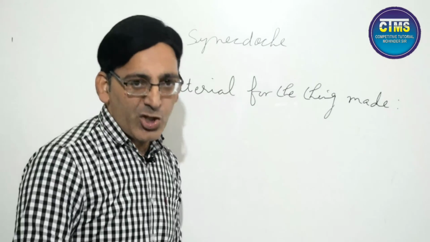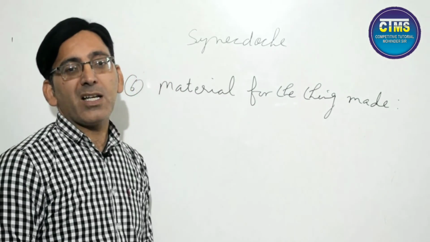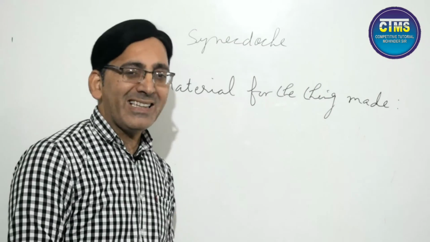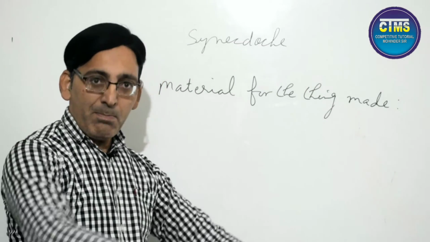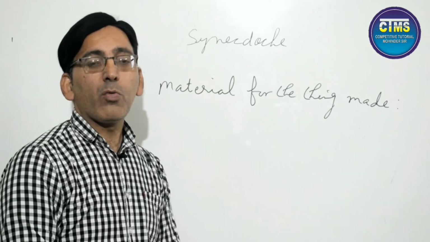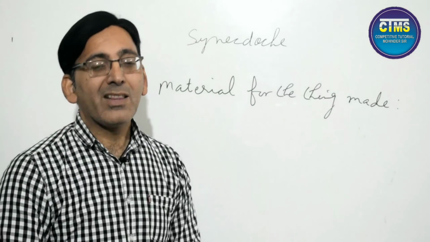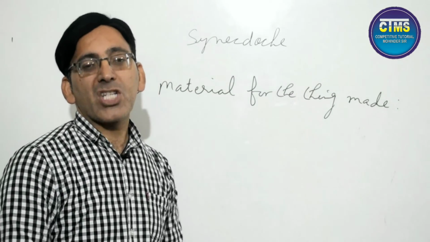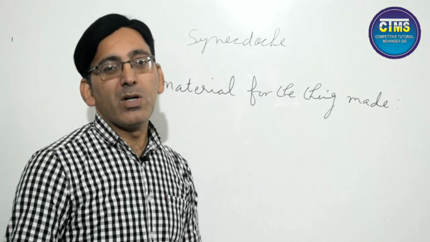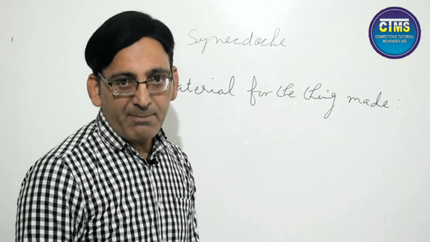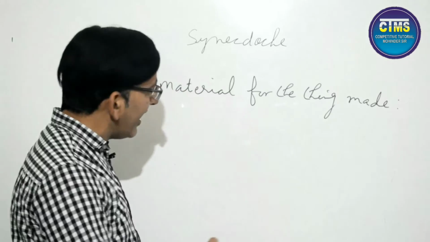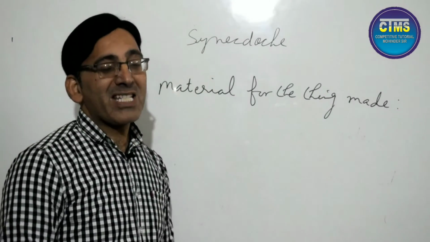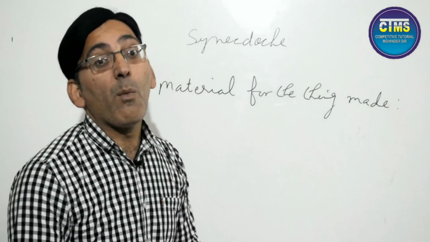I think you are pretty sure about material noun. Material noun means anything that can be measured or weighed, or which is in quantity. That thing is called a material noun. For example, gold, silver, etc. These are examples of material noun. So here in the sixth variety, material noun is used as a common noun.